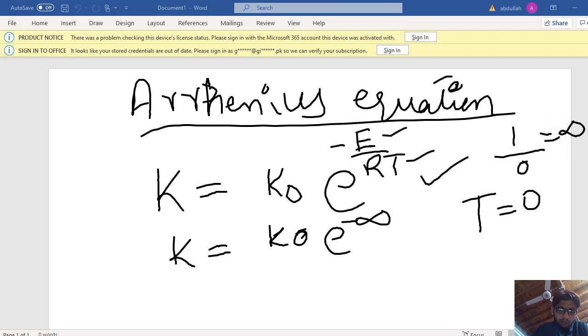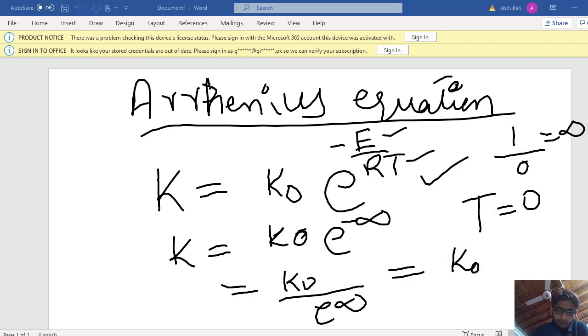So it becomes k naught divided by e to the power infinity, which is k naught divided by infinity. Anything divided by infinity is 0. So at 0 Kelvin, k will become 0.